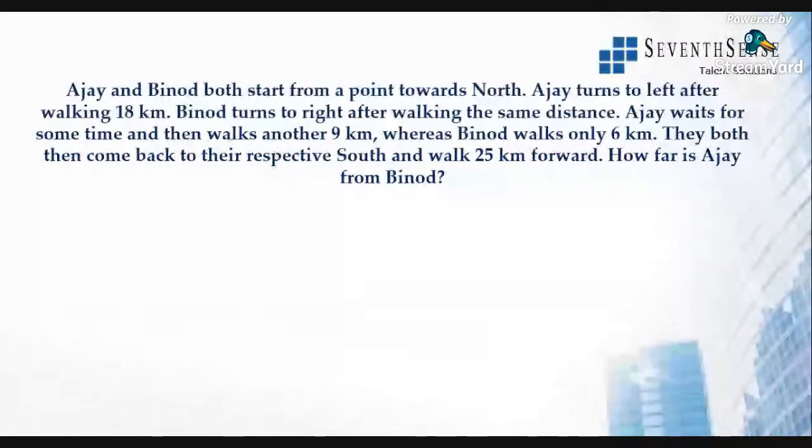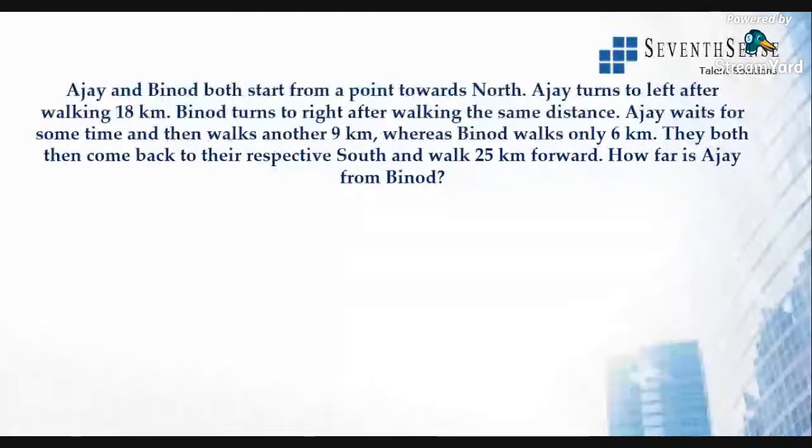I think you can solve this easy question. This is very, very easy, in fact. Now they're asking: Ajay and Binod both start from a point towards north. Ajay turns to left after walking 18 kilometers and Binod turns to right after walking the same distance.